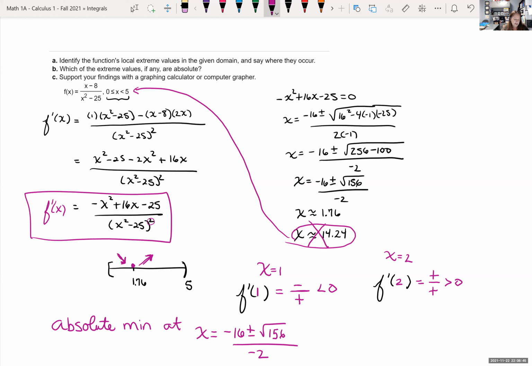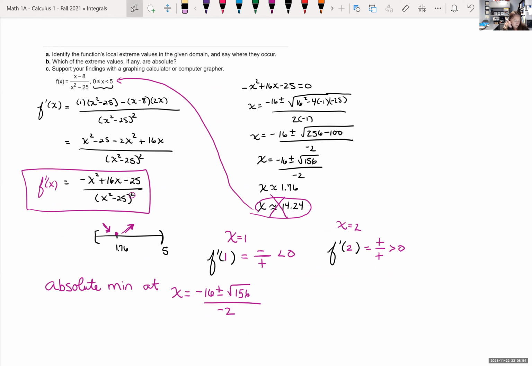Okay, so identify the local extreme values in the given domain and say where they occur. We're going to have to plug that back into the original to find out what the point is. If we plug in 0 there, we get 8 over 25.